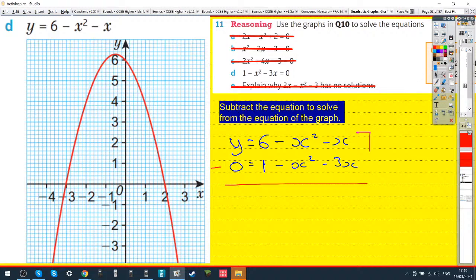So that would be, is it 5 plus 3? So that's going to be 5. And that's going to be plus 2x.